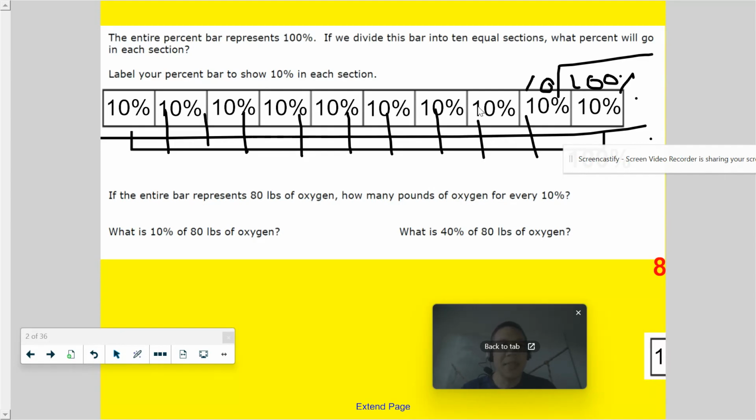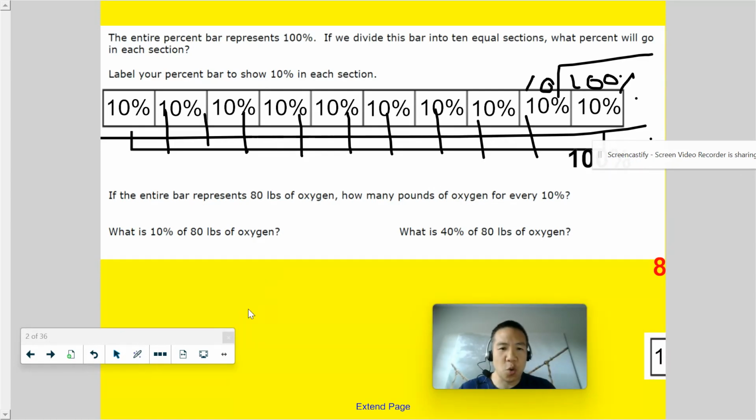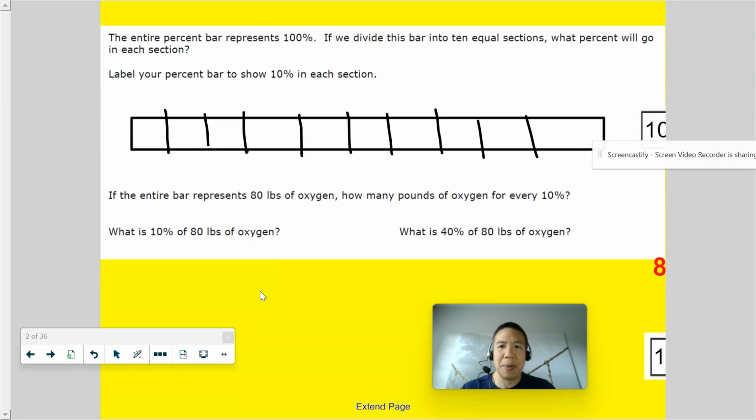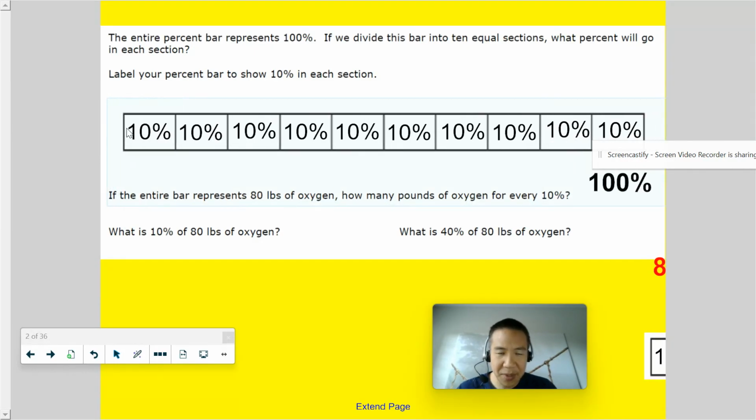So now from this, you will be able to answer different questions that are given to you about percent of numbers. If this entire bar represents 80 pounds of oxygen, how many pounds of oxygen for every 10%? So I need to take the 80 pounds and divide it into how many sections again? 10 sections.